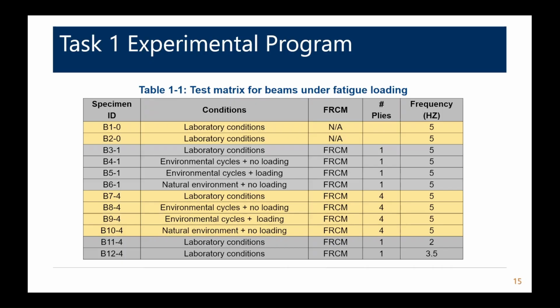This was our test matrix here. If you look a little closer, you can see we had some control specimens, just unreinforced without the strengthening system. And then we had specimens in lab condition and environmental cycles, and you'll see the difference between B41 and B51 is the subjection of stress while undergoing environmental cycles.